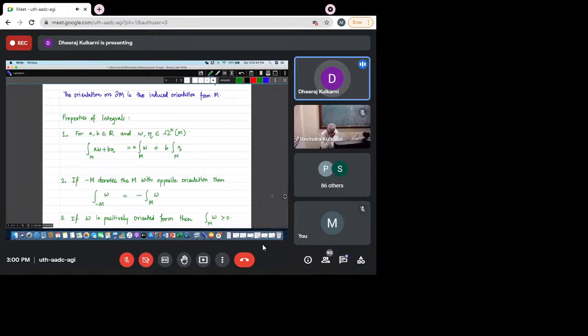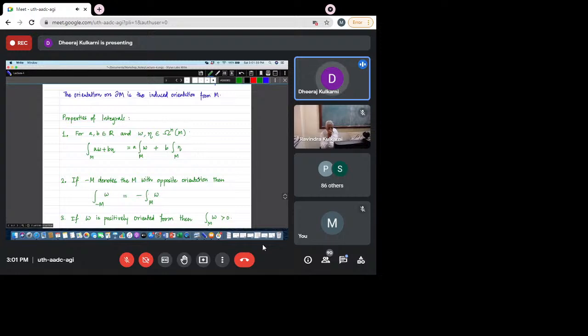Now since M is oriented, we can assign M the opposite orientation, and we denote the corresponding manifold by the symbol minus M. Then the integral of omega on minus M is the negative of the integral of omega on M. How do you see this immediately?